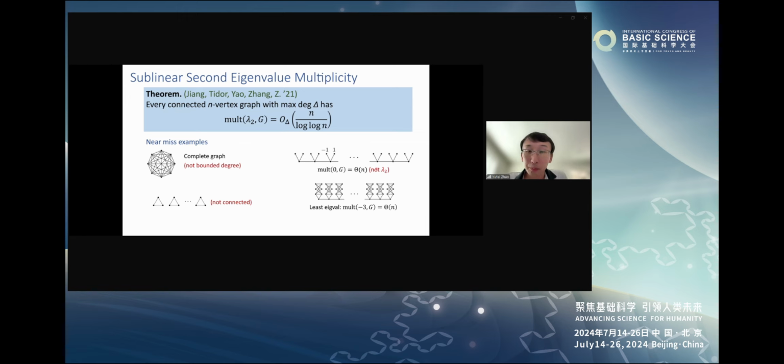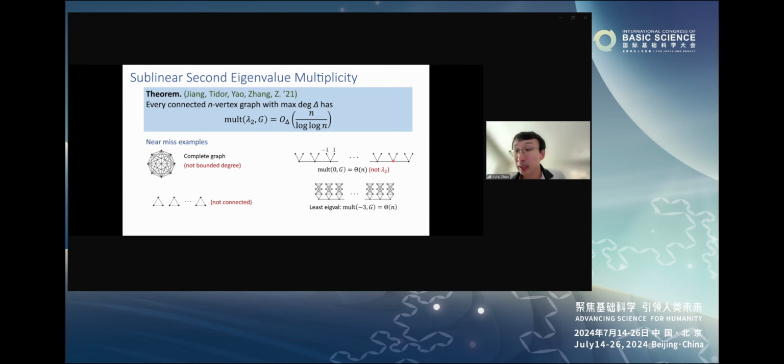Here's an example where the eigenvalue 0 repeats a linear number of times. And here's an example of an eigenvector where all the unlabeled vertices are assigned 0 and these are assigned 1 and minus 1. So you can check that this corresponds to a 0 eigenvector, but you can also move this leg anywhere else. That gives you linear multiplicity.